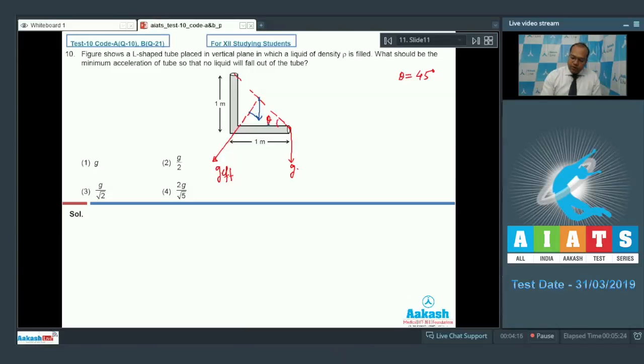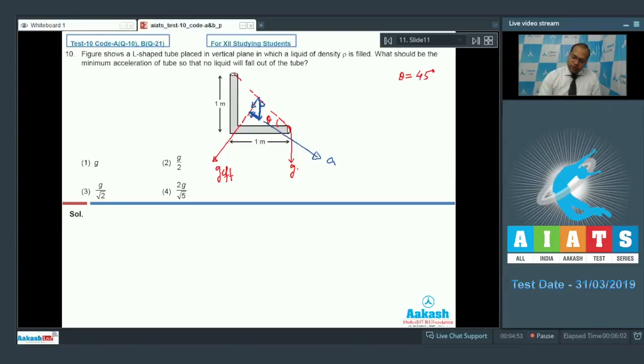Now if this is the direction of g, then I have to drop a perpendicular on this. If the direction of acceleration of this L-shaped tube is in this direction, then in the frame of the L-shaped tube we have to apply the pseudo force. So the acceleration would come in this direction. This is the direction of g effective. So I have to find out the value of this acceleration. If I consider this as my g, then this angle is 45 degree.